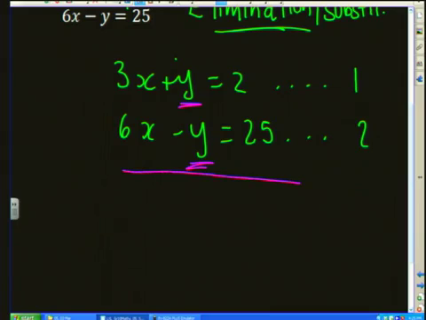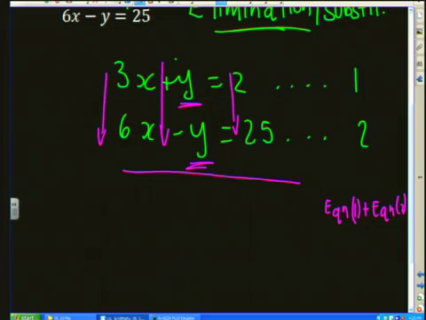Okay, so for me to eliminate here, I'm going to say equation 1 plus equation 2. So if I do that, I literally just add down the line, so I add in a vertical manner. 3x plus 6x will give me 9x.